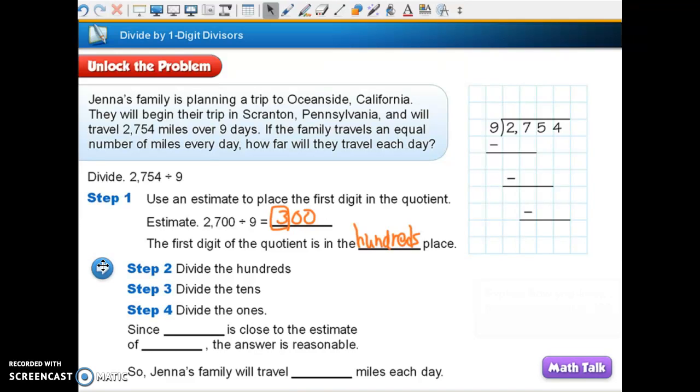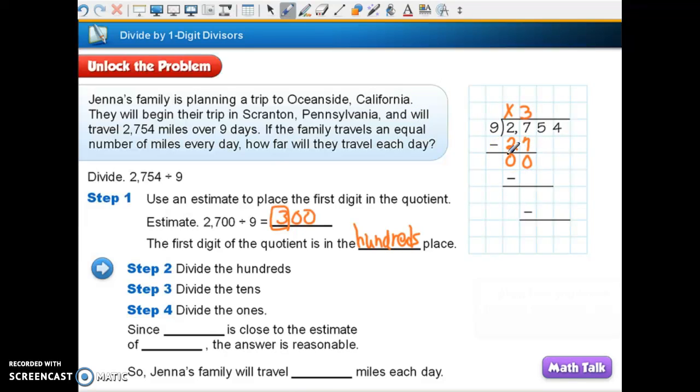Divide the hundreds. 9 will not go into the thousands, right? We can't take 2 and divide it into 9 groups. So we're going to put our little X. Now, we already discussed during our estimate that 3 times 9 was 27, so we can place our 3. And we can put our 27 here and subtract, and we're going to get zeros, right?